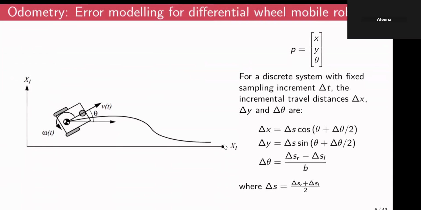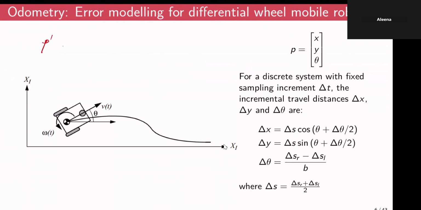Now we'll discuss odometry in detail. Odometry is nothing but estimation of the new position based on the current position and the input. I'll write it as P dash, the estimate of the new position.